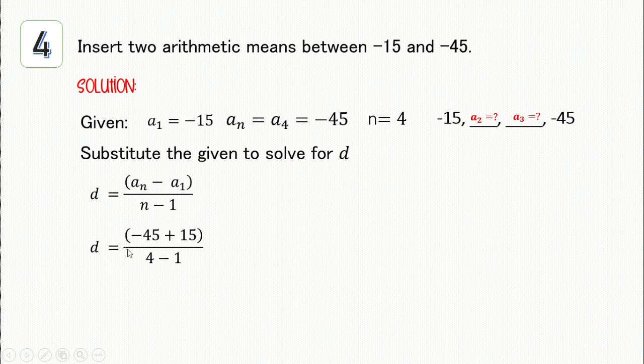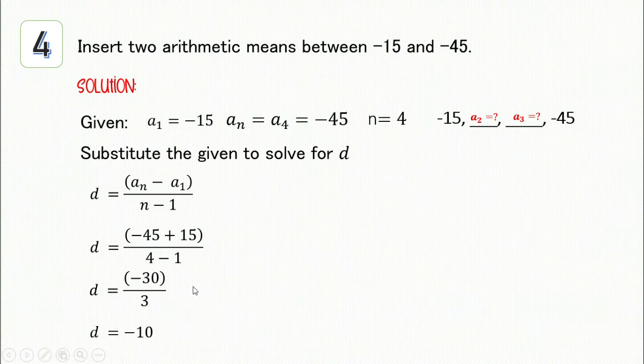Substitute natin. We have a sub n is negative 45 and minus ito, tapos negative naman yung a sub 1, so magiging plus 15 ito. All over 4 minus 1. Therefore, negative 45 plus 15 is negative 30 over 3. And the common difference or the D is negative 10.